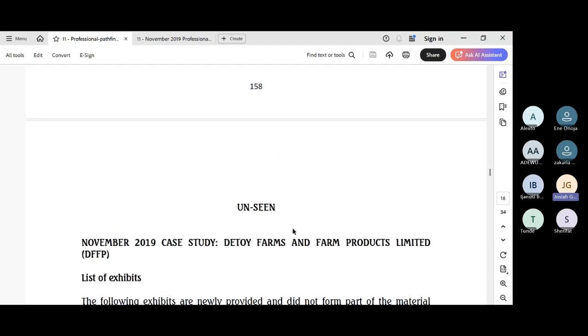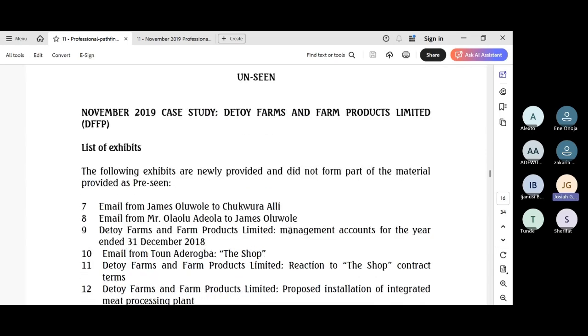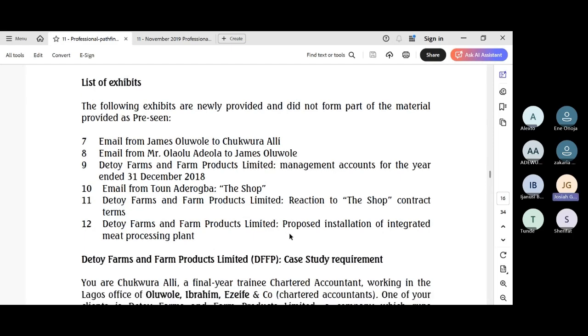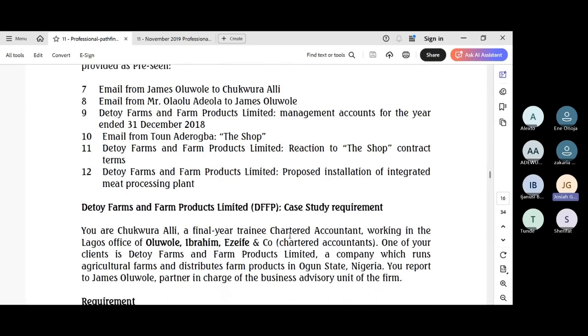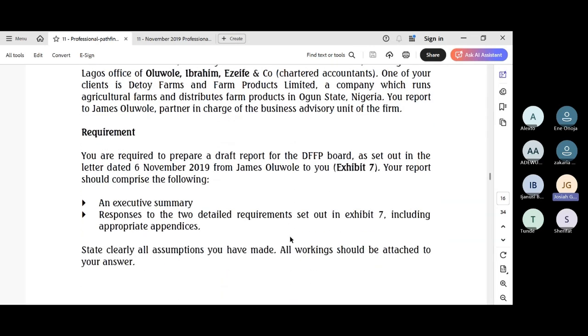And on the day of the exam, the unseen was provided. Okay, so for the unseen, we have 6 exhibits also. And the first exhibit speaks to the case requirement. So we are required to present an executive summary, without which, if not provided, you cannot pass the case study exam.